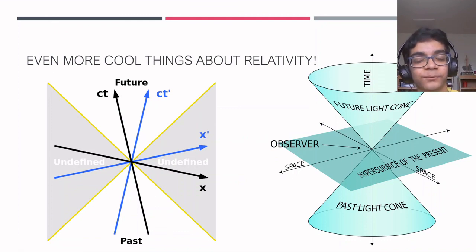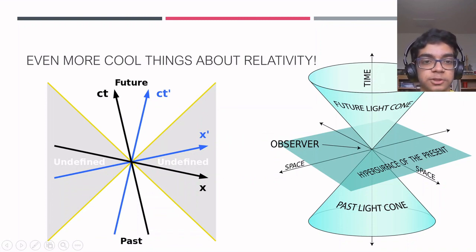Instead of a future triangle and a past triangle, we now have a future light cone and a past light cone. Since here we're moving in 1 dimension, we have a 2-dimensional future and past, and here we have a 3-dimensional future and past. Once again, we can only stay within those 2 cones in our universe. It's impossible for us to go outside of them as defined by relativity, because that would require speeds of v greater than c.